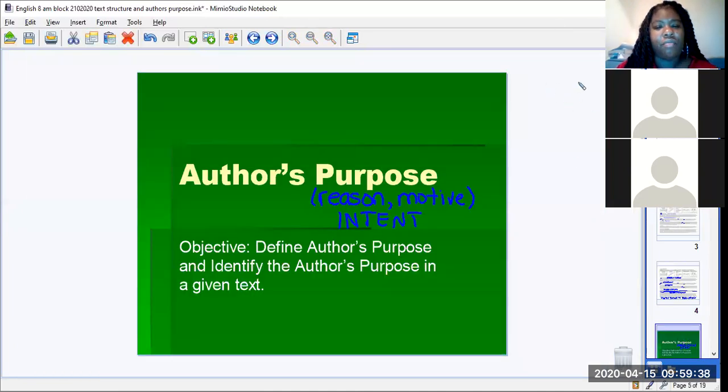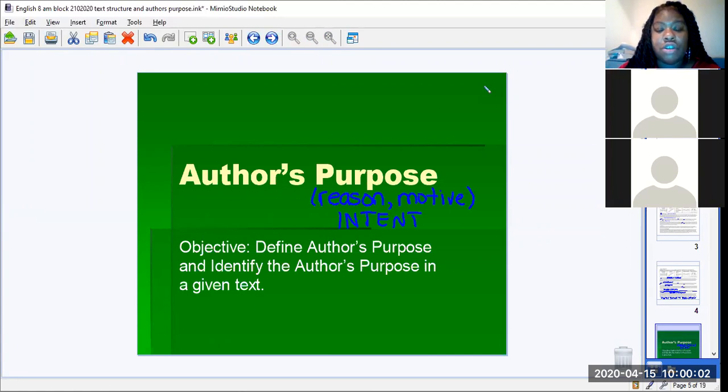All right. So author's purpose. The word purpose means a reason or a motive or an intent, right? It's an intention. So when someone asks you, what is your purpose in life? They're asking you, what are you intending to do with your life?